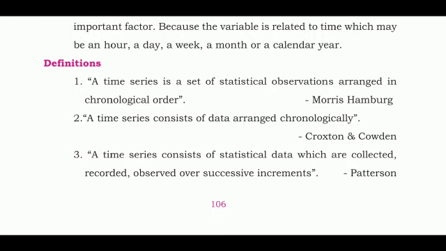And the third statement by Mr. Patterson: a time series consists of statistical data which are collected, recorded, observed over successive increments. So basically, time series is the data which is collected over a period of time and then represented. Such data we call time series.